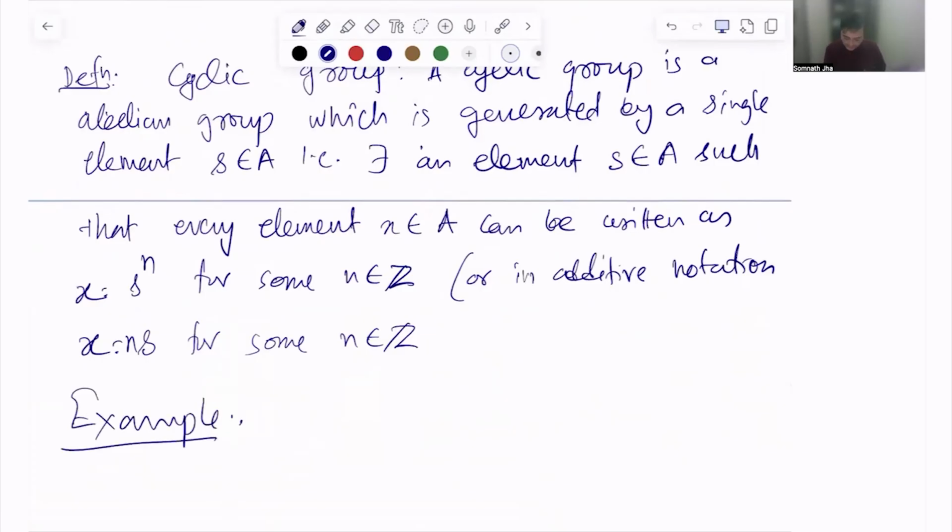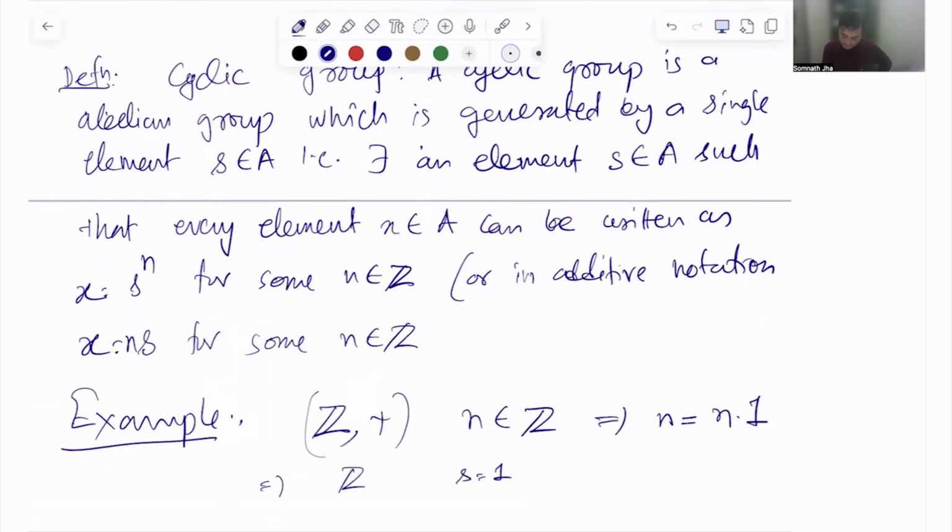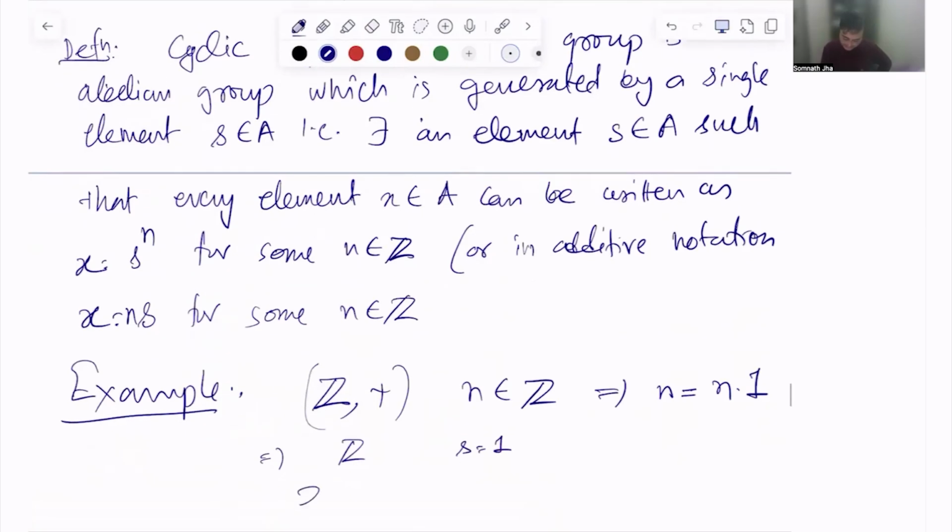The first example is Z. If n belongs to Z, this implies that n equals n times 1. That means Z is generated by the element s equal to 1. So one writes in this case that Z equals the group generated by 1.